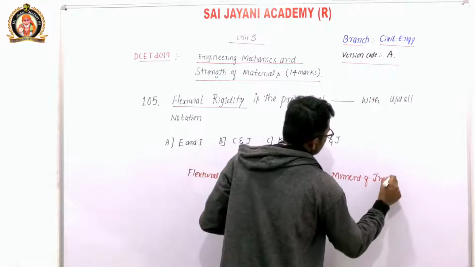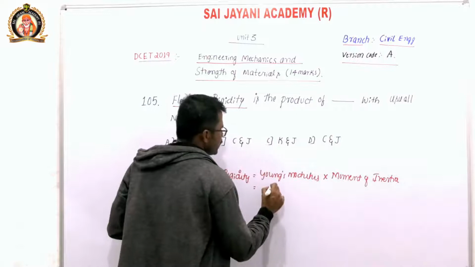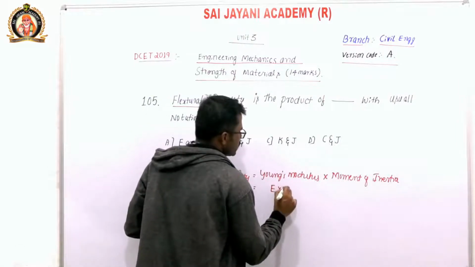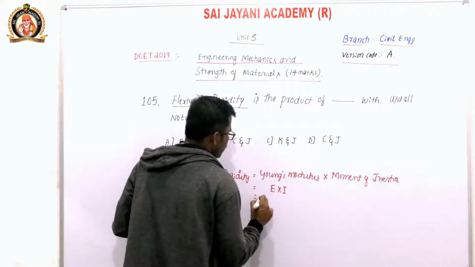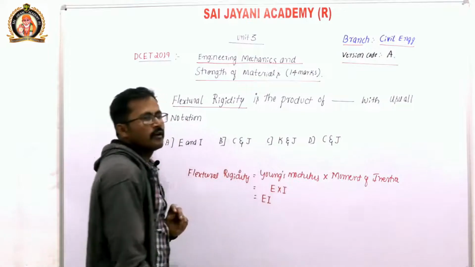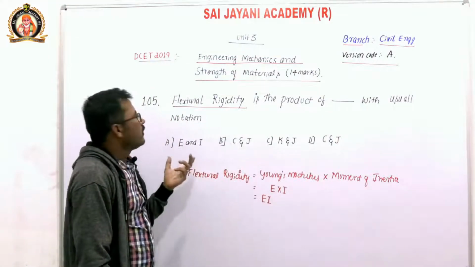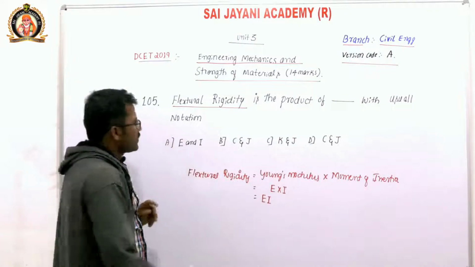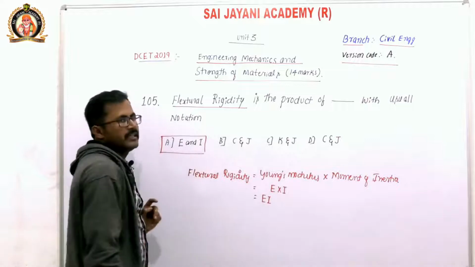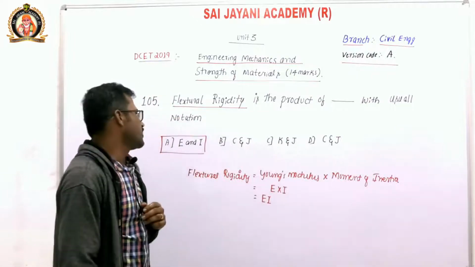Young's modulus is denoted by capital E and moment of inertia is denoted by I. So the product of E and I is called flexural rigidity. So option A, E and I is the right answer. The flexural rigidity is the product of Young's modulus and the moment of inertia.